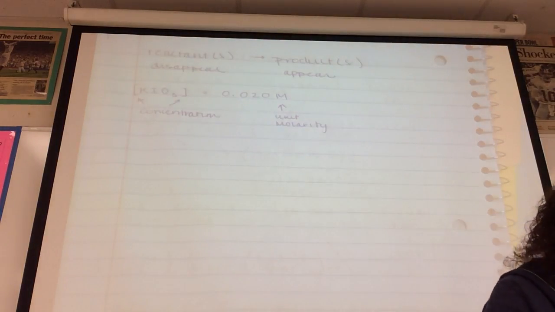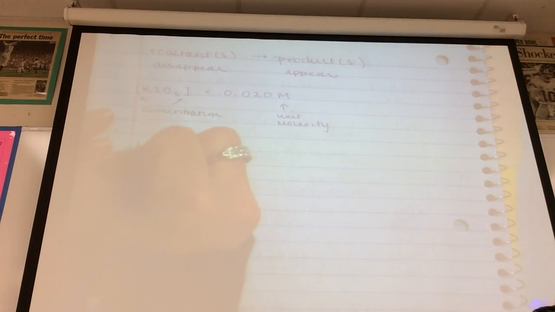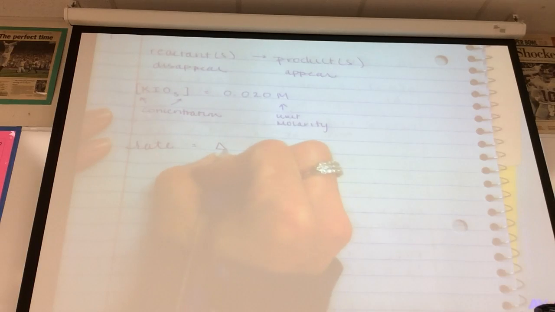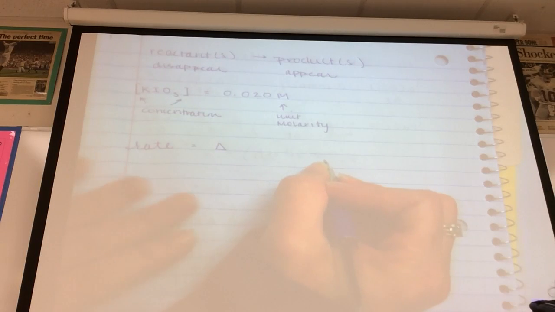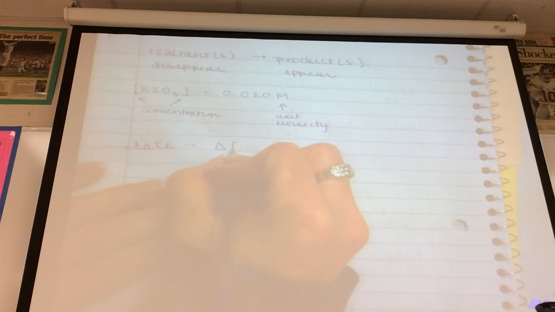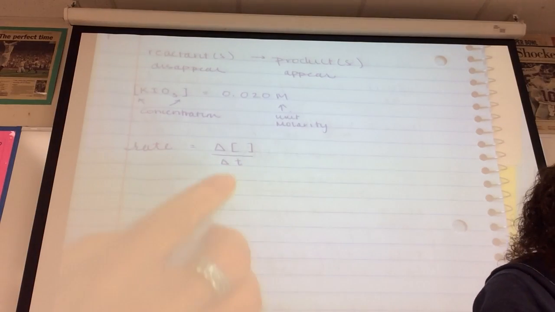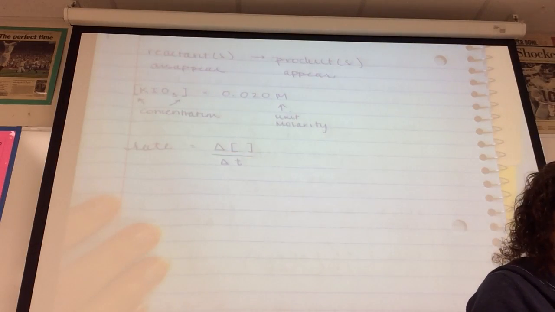Okay? Now when I do express it as a rate, I'm going to look at the change in, remember from the last chapter, delta means change in, concentration over the change in time. Lowercase t for time, concentration brackets.